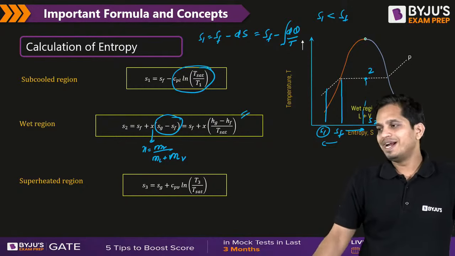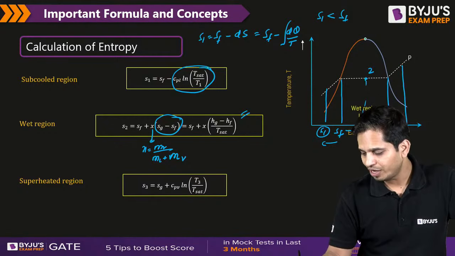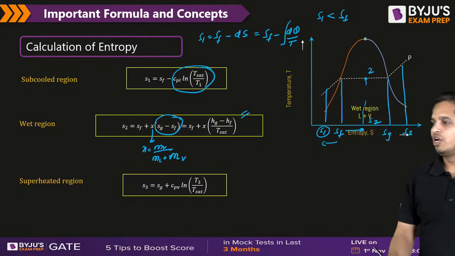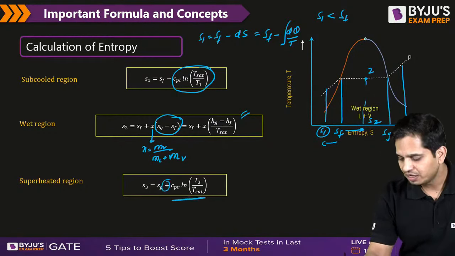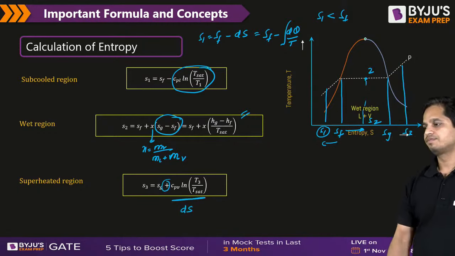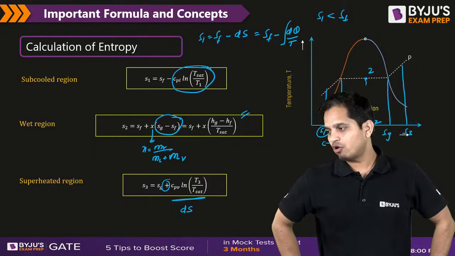Now superheated means you are somewhere here, so you need to add something to Hg, which is ds. This is how you can calculate entropy.